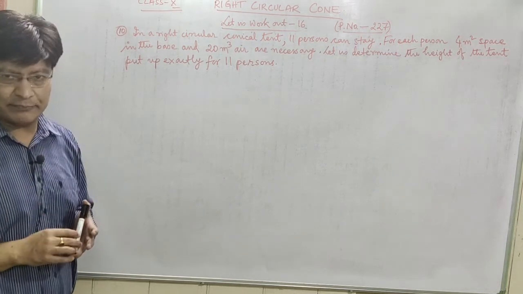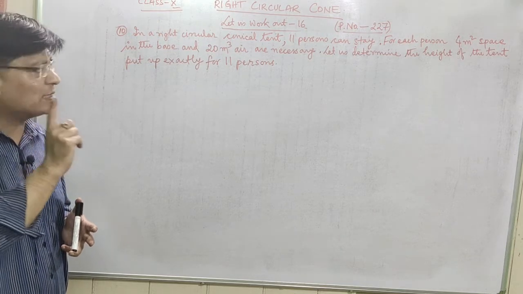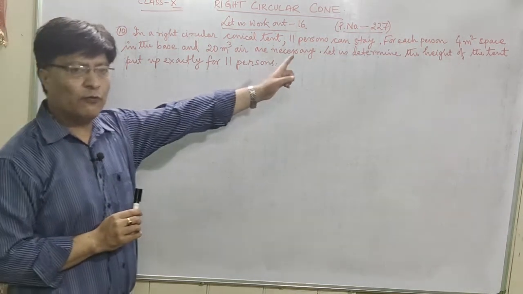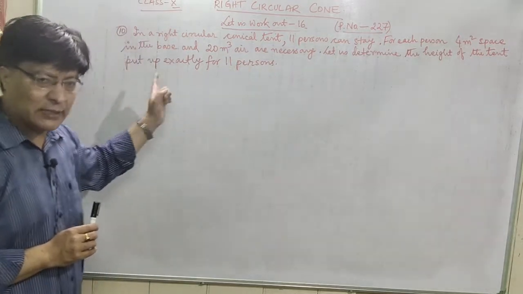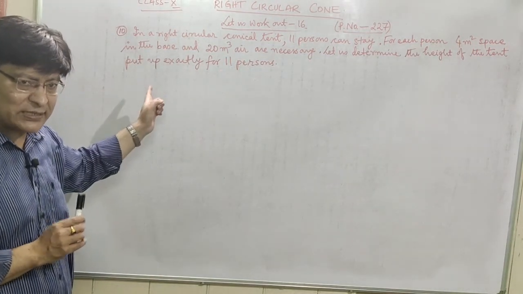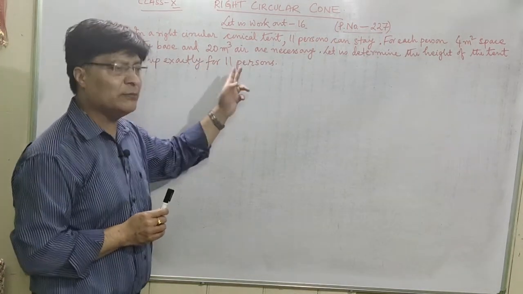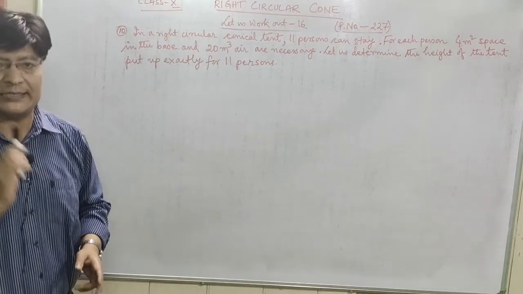air are necessary. For each person, 4 meter square space is needed in the base for one person, and for one person 20 meter cube air is necessary.